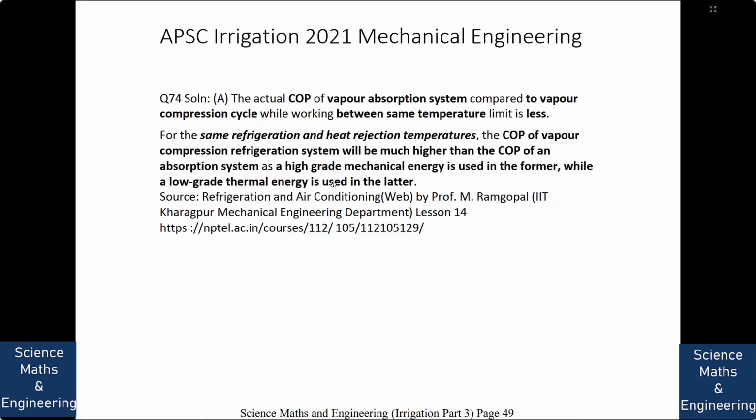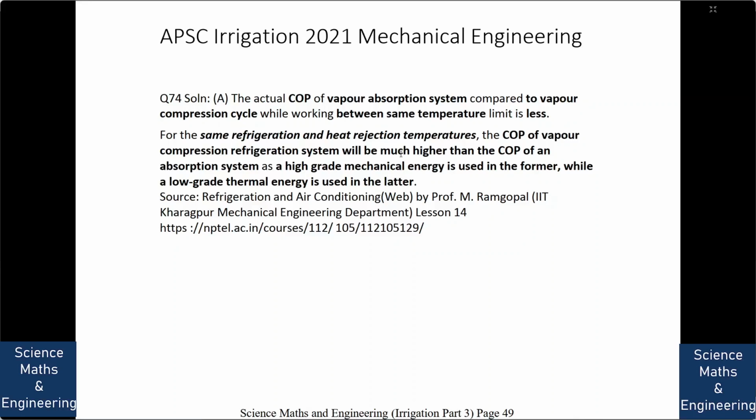Now for the same refrigeration and heat rejection temperatures, the COP of vapor compression refrigeration system will be much higher than the COP of an absorption system, as a high grade mechanical energy is used in vapor compression refrigeration, while a low grade thermal energy is used in the vapor absorption system.